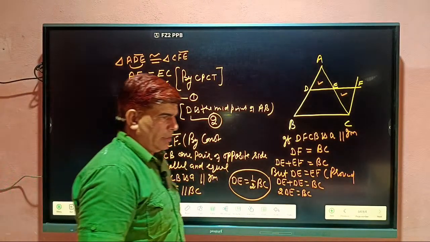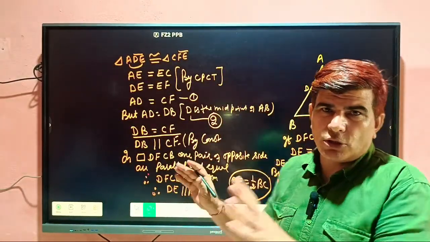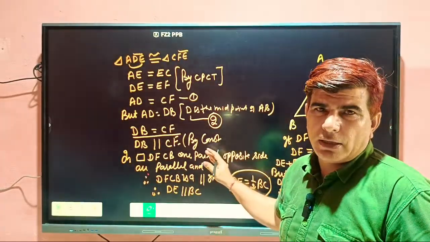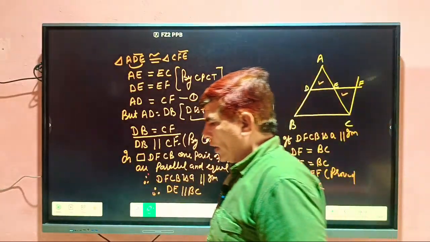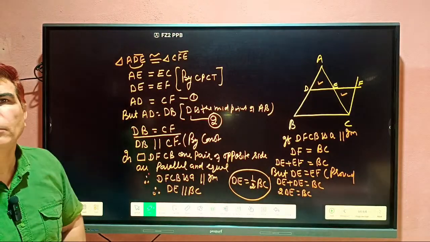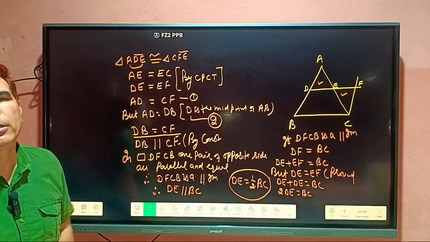So beta, this is given in class 9th. This is not in the class of 10th, but I want to tell you so you can understand. Now coming to the topic, how can we use the BPT theorem in it?